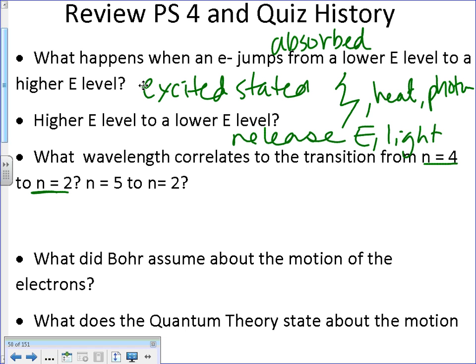I thought it was a different one from what my other class told me. 486, yes. Does everybody see 486? What is the unit on there? Look towards the top. Yes, towards the top of the Bohr model it says nanometer.